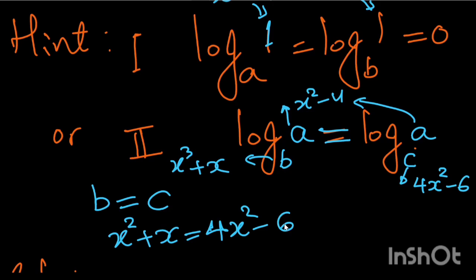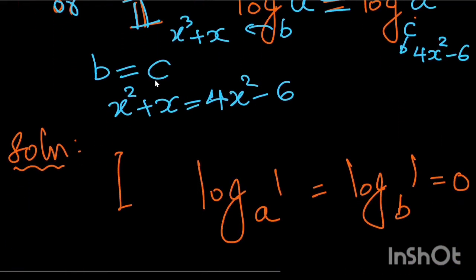So these two are the possibilities, first or second. Whatever roots we get from the first or second, that many roots would be the total roots of the given equation. Okay, so we will start with the first one.